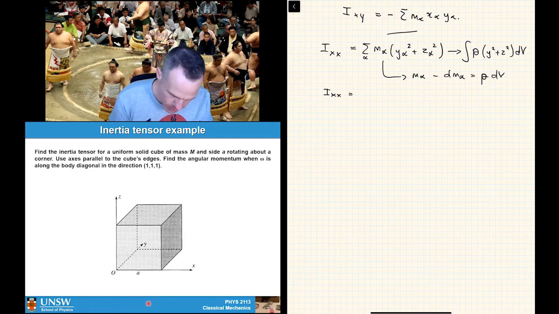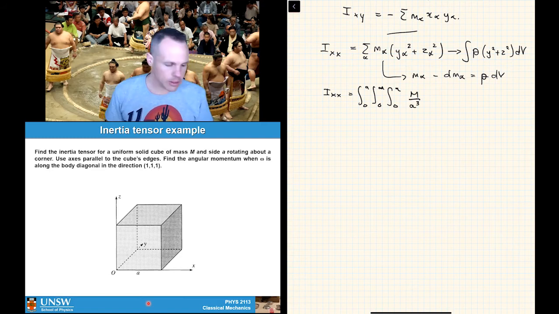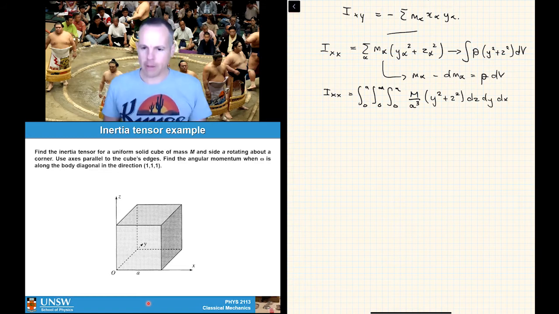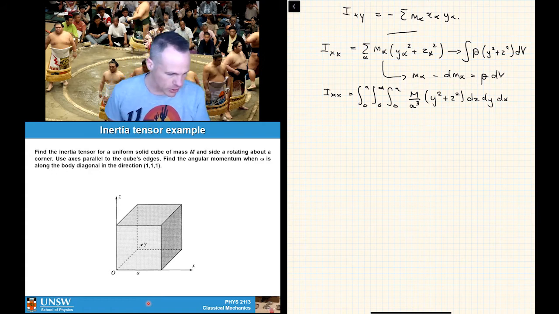So this is now going to be the integral from 0 to a, integral from 0 to a, integral from 0 to a of m over a cubed, which is our density, times y squared plus z squared dz, dy, dx, okay? And if you don't know how to do this, make sure you know how to do it, because this is the main reason why we make you do real analysis courses. It comes up all the time in physics.